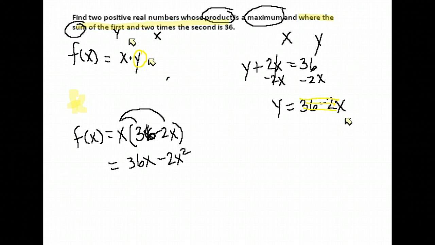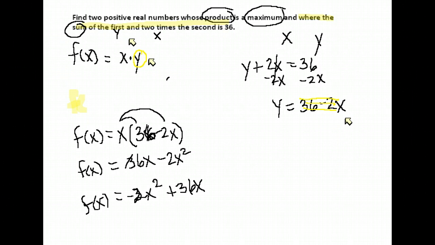Now again, we talked about a maximum here, and we talked about how quadratic functions have either a maximum or a minimum. So we want to make this look like a typical quadratic function. Usually we put the higher exponent first, so we're just going to switch those around and have negative 2x squared plus 36x, because that's the way we're used to looking at it.